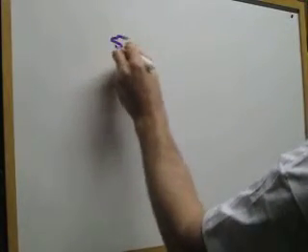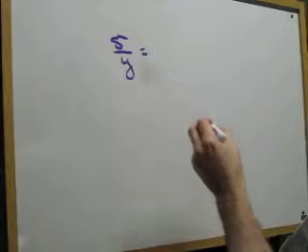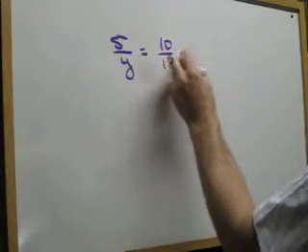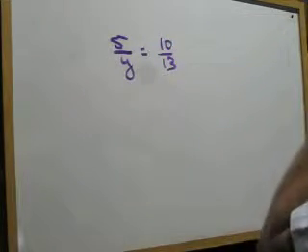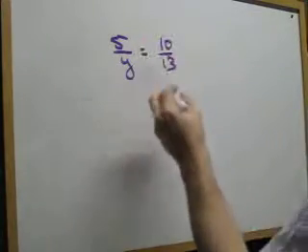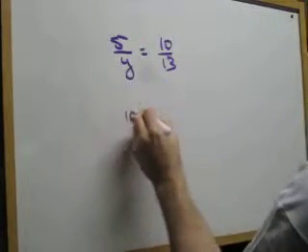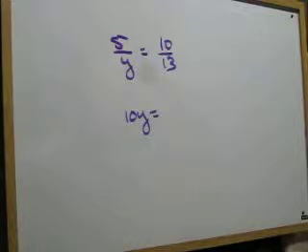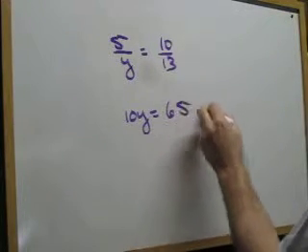6.3, let's look at example 4 on page 465. 5/y equals 10/13. So we're going to multiply our extremes by our means. So y times 10 is 10y, and that will equal 5 times 13, which will be 65.